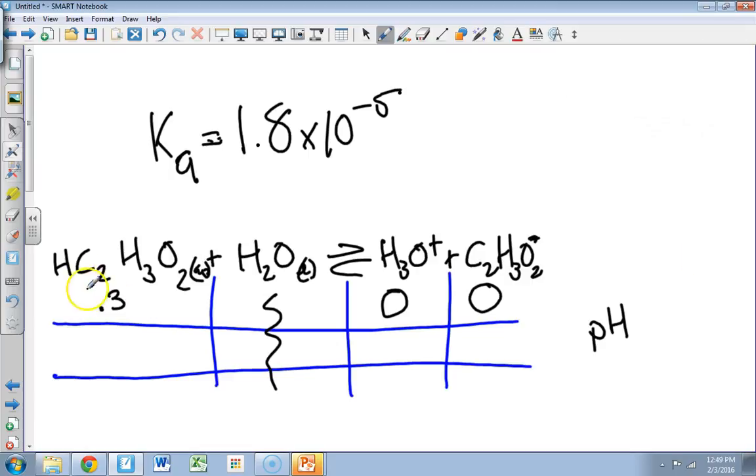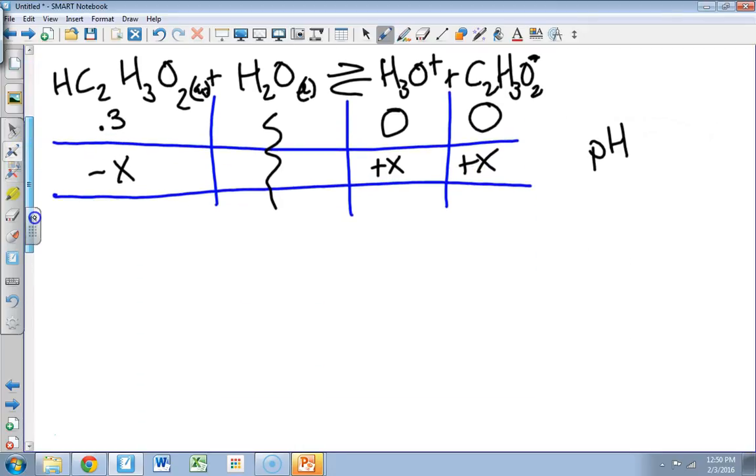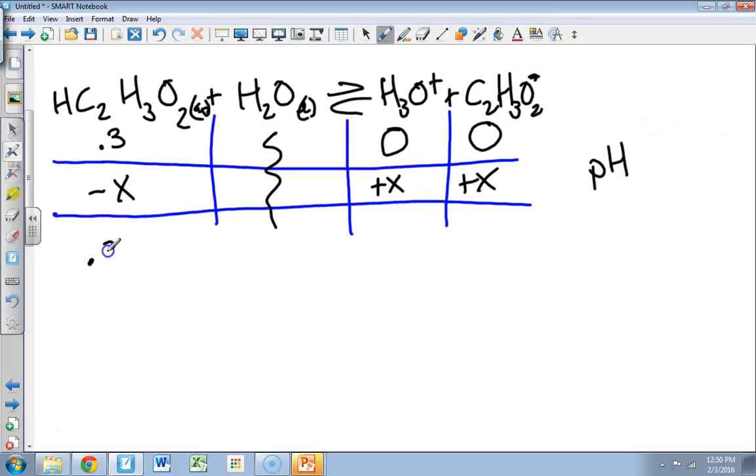Now let's do the equilibrium. Again, this is going to shift to the product side. Anytime there's a 0, we always shift towards the side with the 0. So this is going to be minus x, plus x, plus x. This is 0.3 minus x, this is going to be x, and this is going to be x. So are we there? Not quite yet, but we want to use Ka to solve this problem.